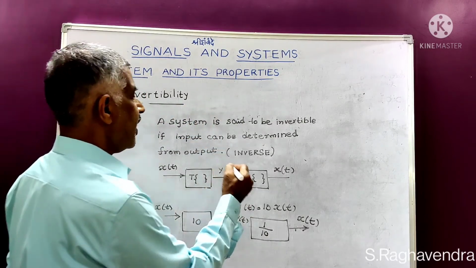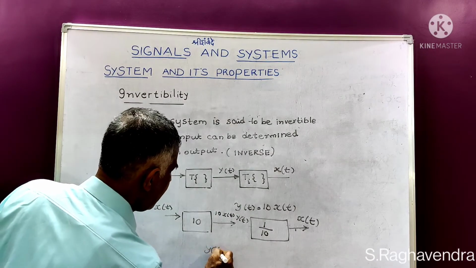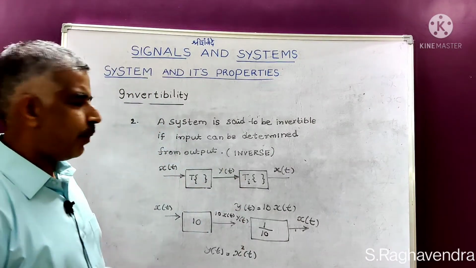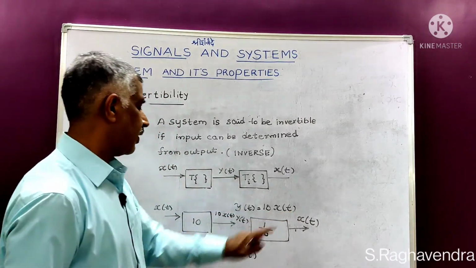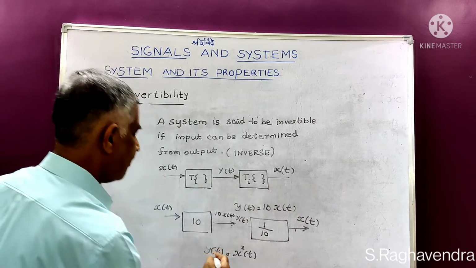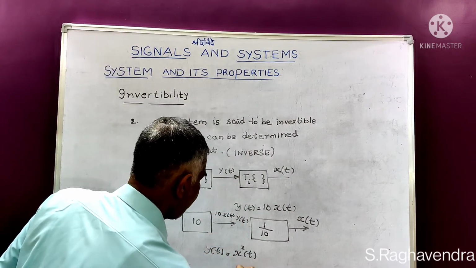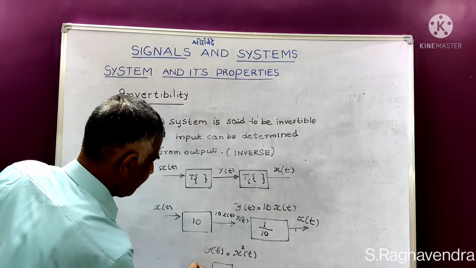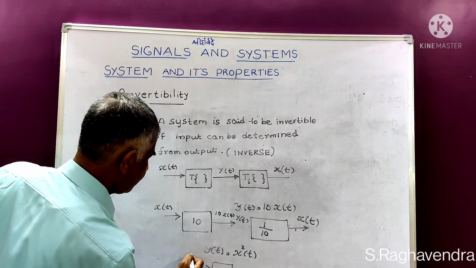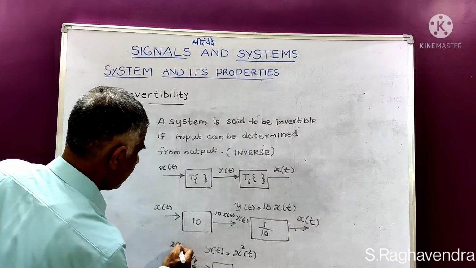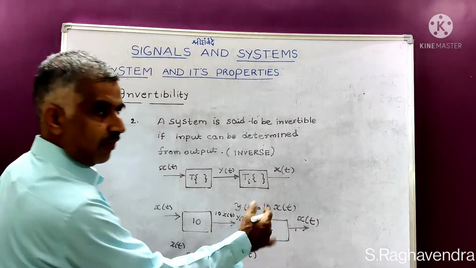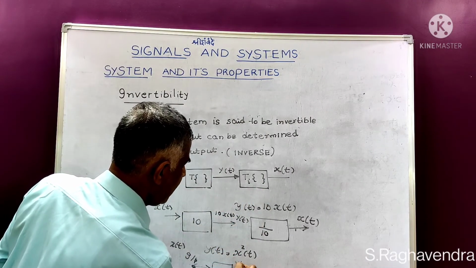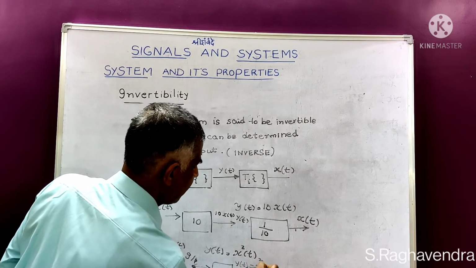Now if you take the example of y of t equal to x square t, it is not possible to recover x of t. Here there is a block which squares, and we get y of t equal to x square of t.